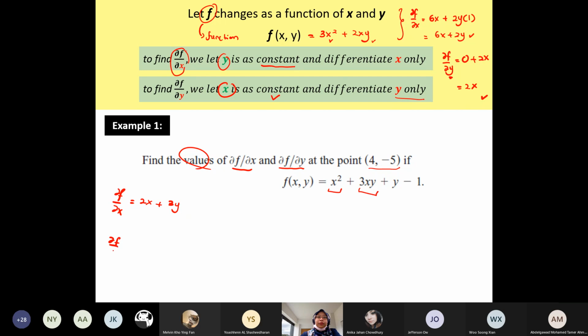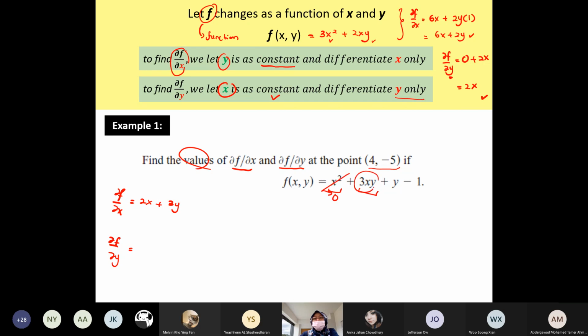Okay, so let's look at when you want to differentiate with respect to y. How to find the partial derivative df over dy? This term didn't have y, so you treat x as a constant, so this one automatically becomes 0.